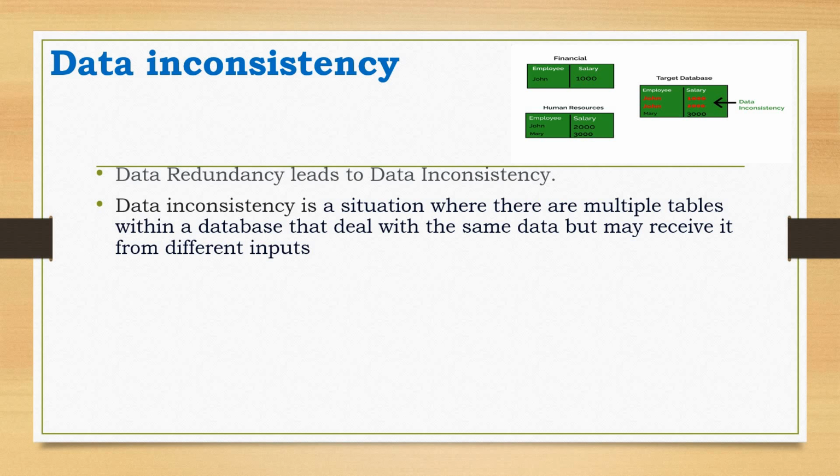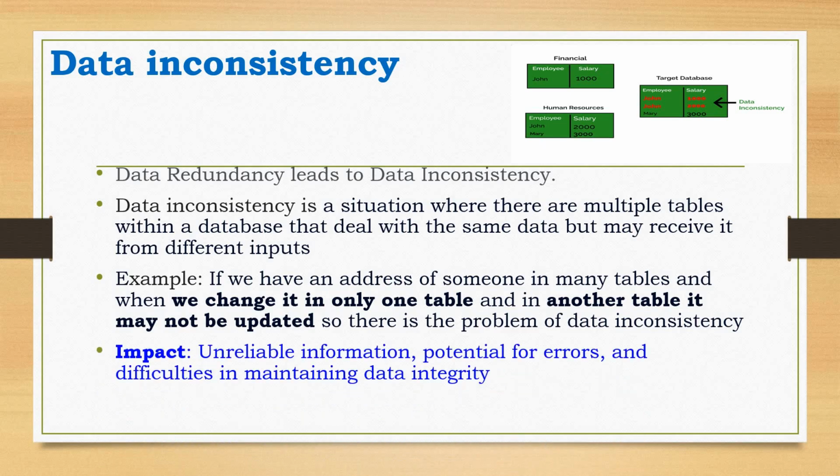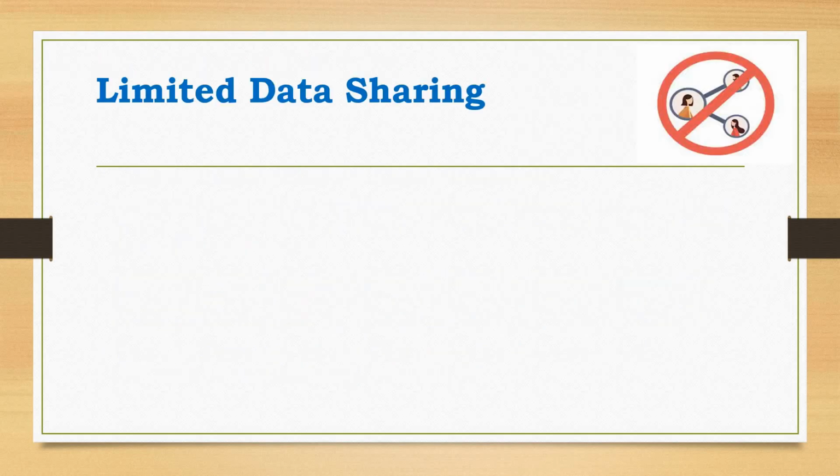So when I take John's salary, I now get two different values, and I can't identify which one is right or wrong. This is the data inconsistency we face due to data redundancy. The impact is unreliable information, potential for errors, and difficulties in maintaining data integrity.